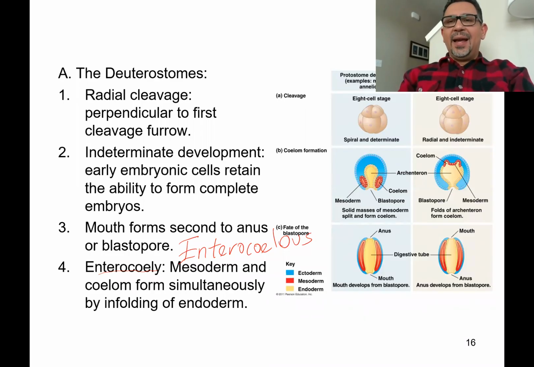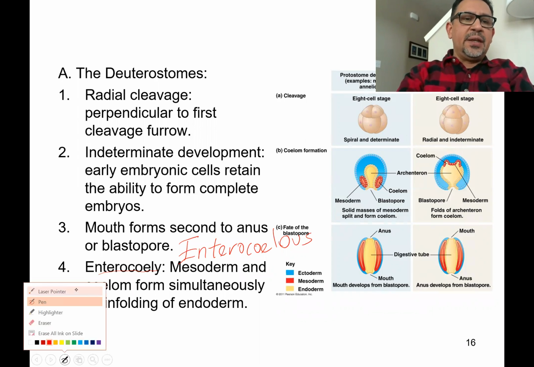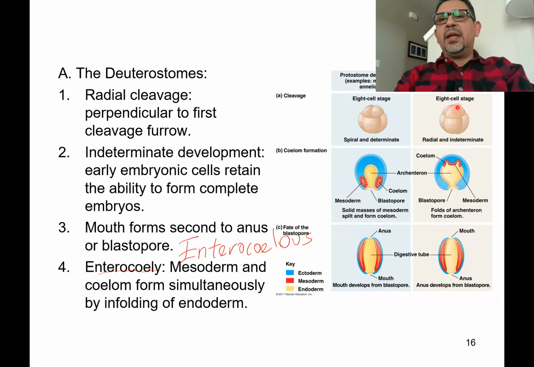I am back. And the last detail that I wanted to tell you about the Deuterostomes, animals where the mouth forms second, is that the cells that are forming during the embryo are going to show a different type of development that we call indeterminate development.